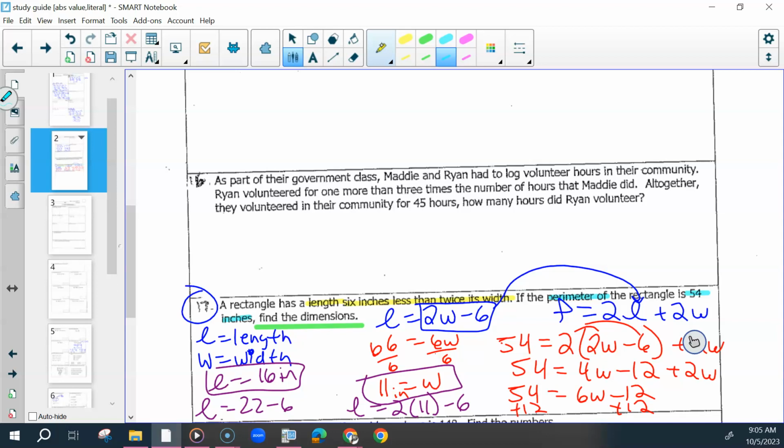Okay. How many hours did Ryan volunteer? What else? Together they volunteered for 45 hours. Anything else? More.